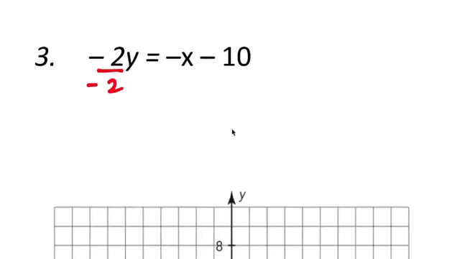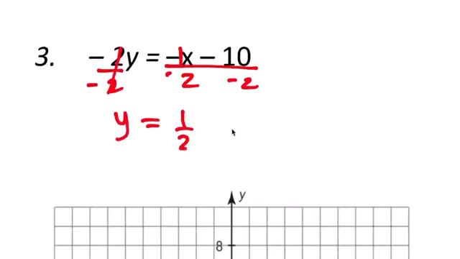The equal sign always separates it. So divide everything by a -2. This is an invisible one. So you get y equals 1/2 x plus 5, positive because 2 negatives.